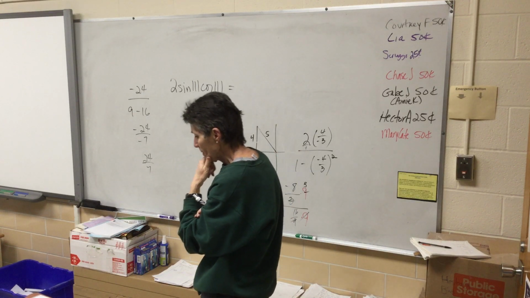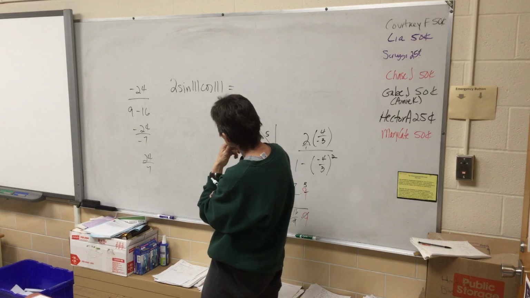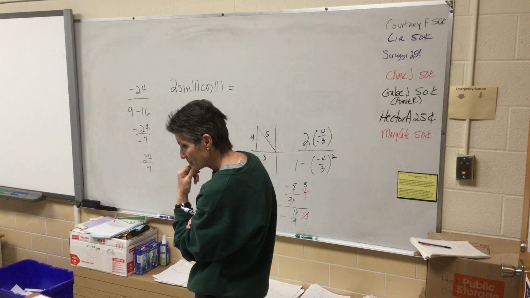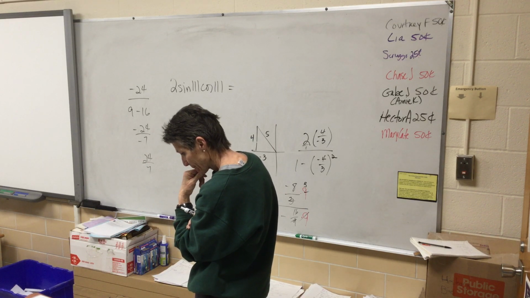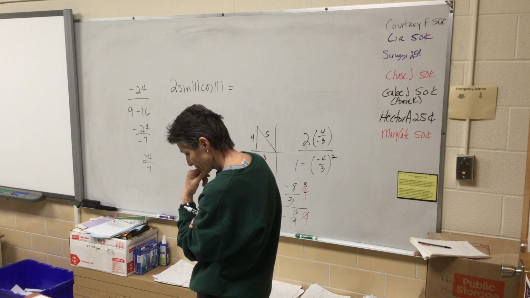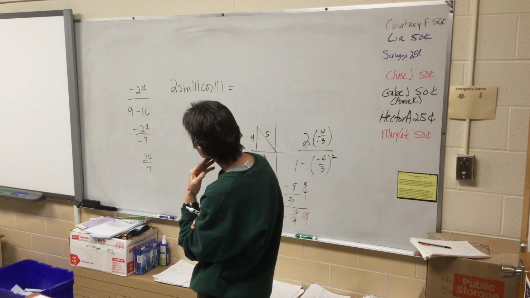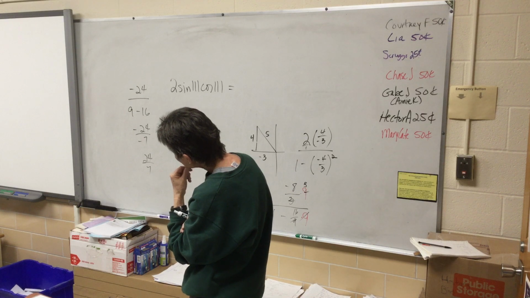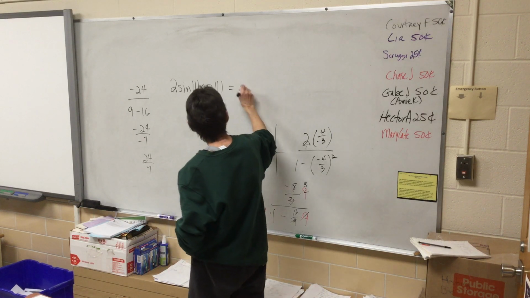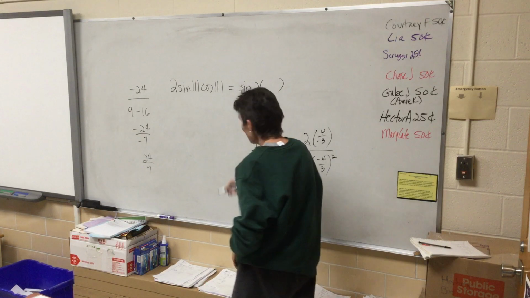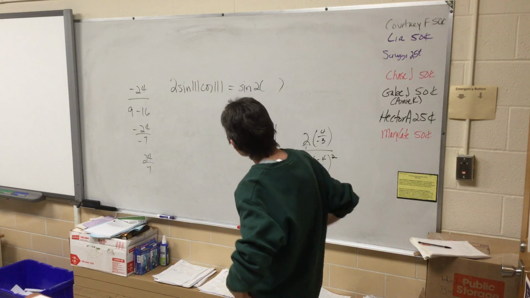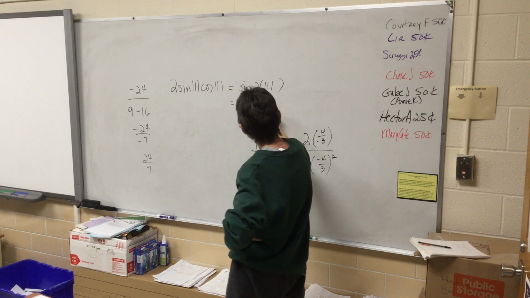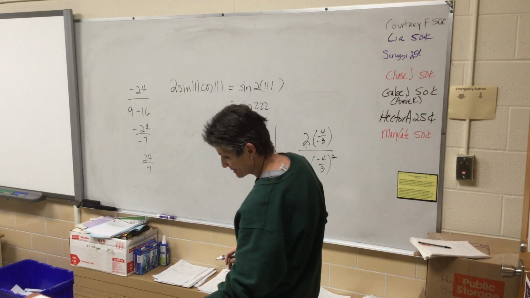This one is from your memory, because what is 2 sine cosine the formula for? Sine 2x. So it's sine of 2 times the angle, and the angle is 111. So this is the formula for the sine of 222.